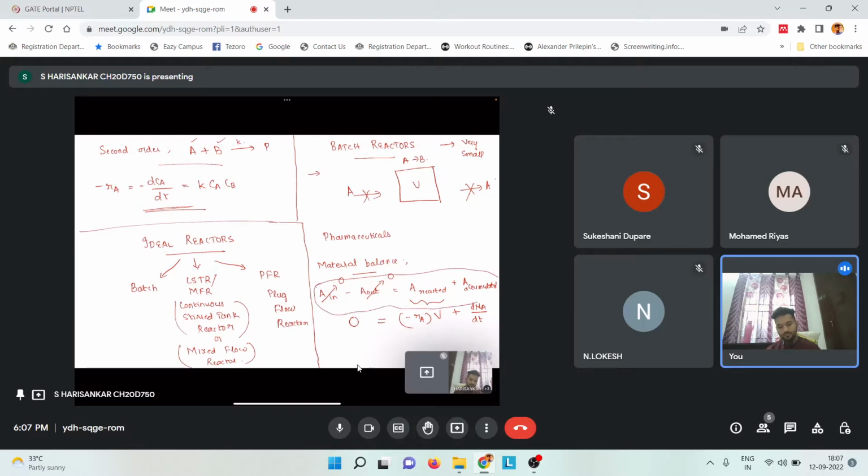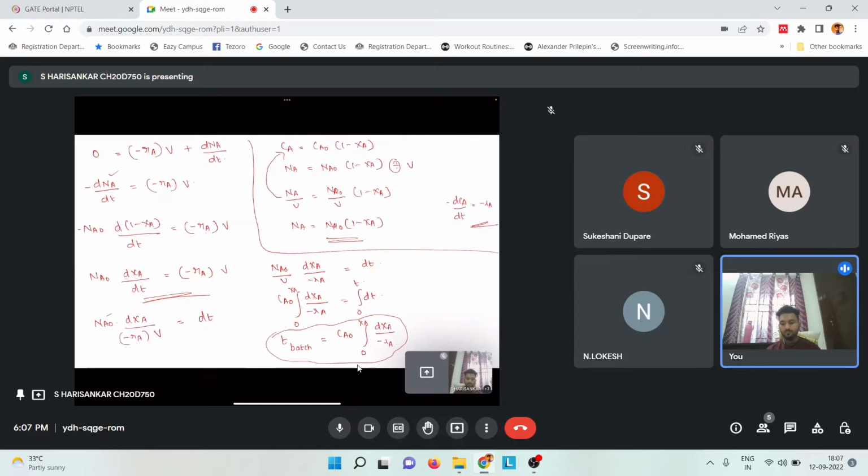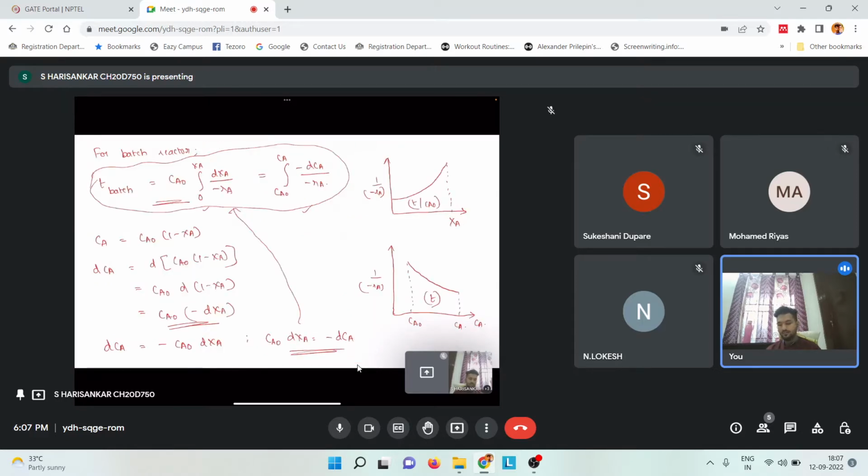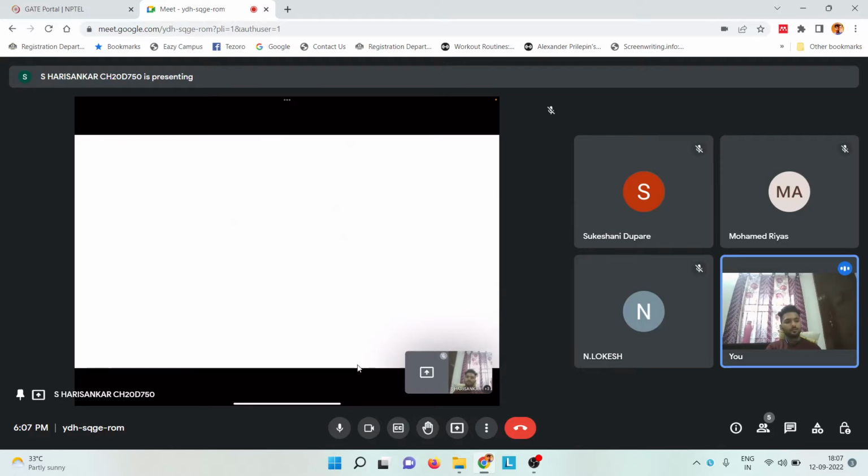Using this, we can derive the general equation for batch reactors. And we looked at how we can graphically represent batch reactors with respect to different kinds of graphs. So today we'll be looking into the continuous reactors.